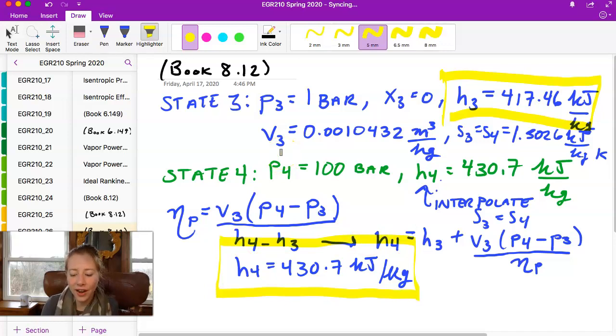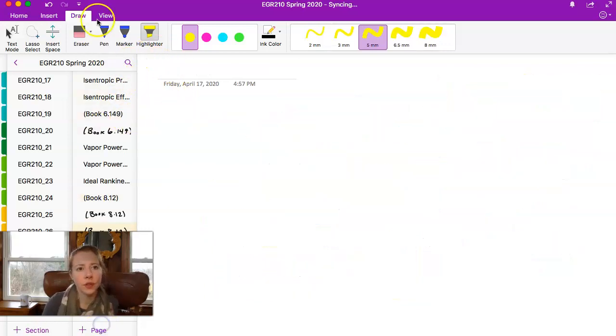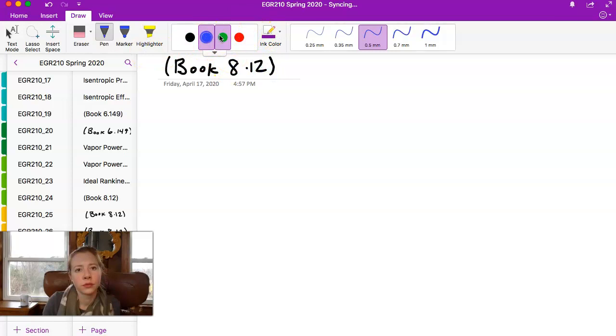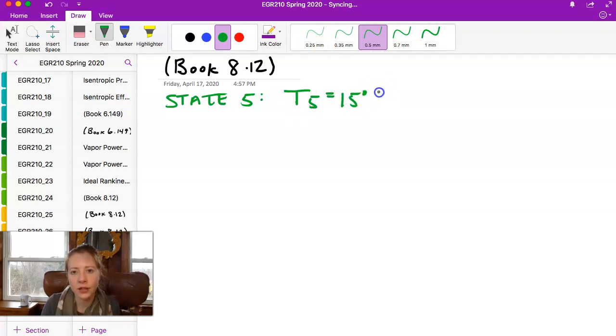Okay, finally, let's just look at state 5. So for state 5, temperature T5 is 15 degrees Celsius, and we're dealing with a liquid.